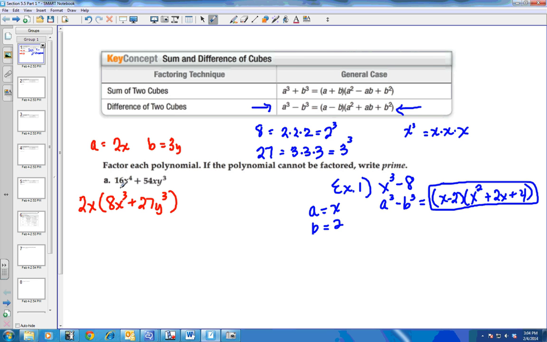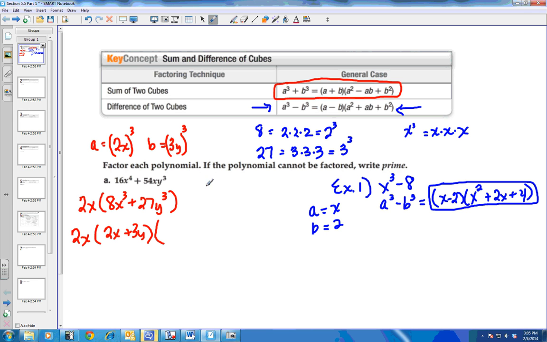So you see that my 8x to the 3rd is actually 2x cubed, and 27y to the 3rd is actually 3y quantity cubed. So I have my 2x out here in front, and now I need to follow this general case. So it says a plus b. Well, my a is 2x, my b is 3y.